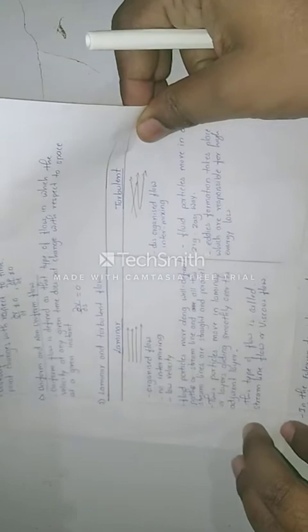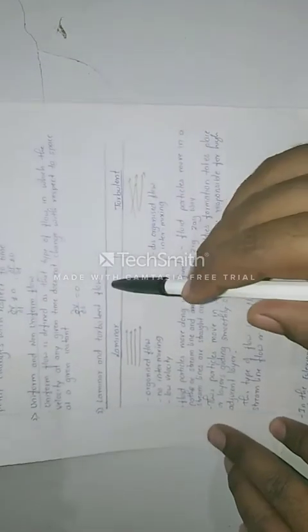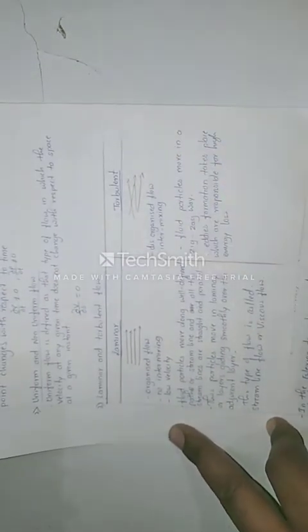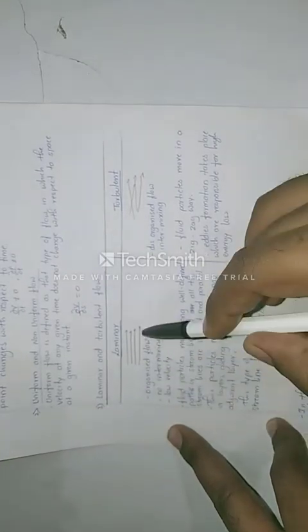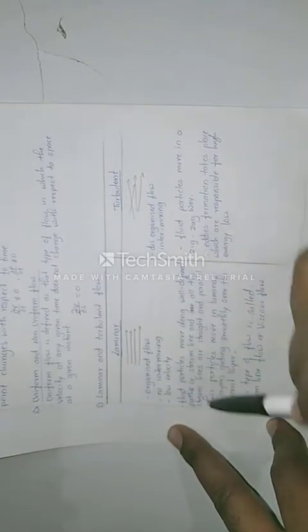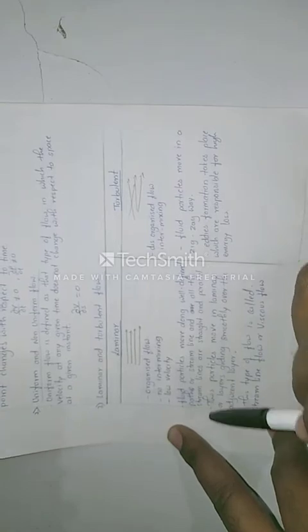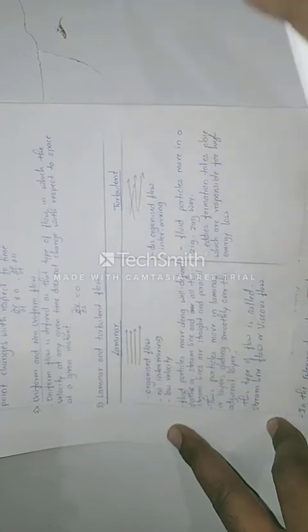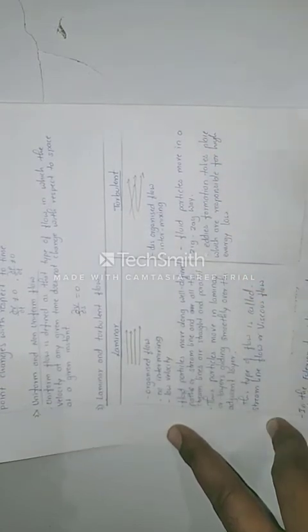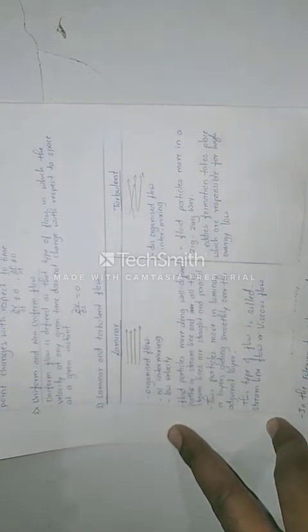Next is laminar and turbulent flow. Laminar means an organized flow, non-intermixing, where there is no intermixing of the fluid as it flows, and we get laminar flow at low velocity.